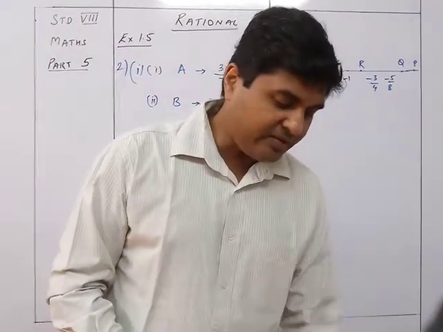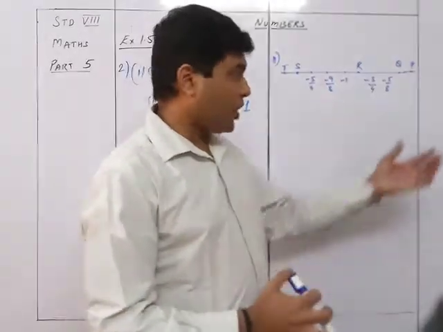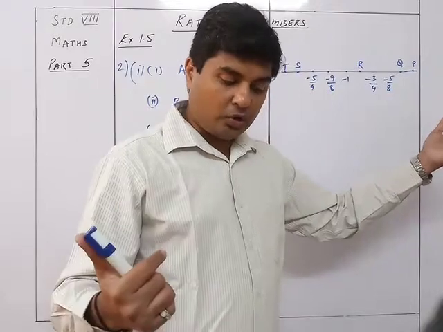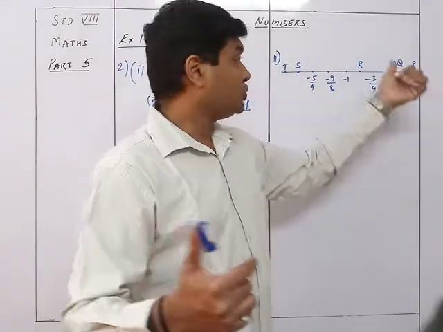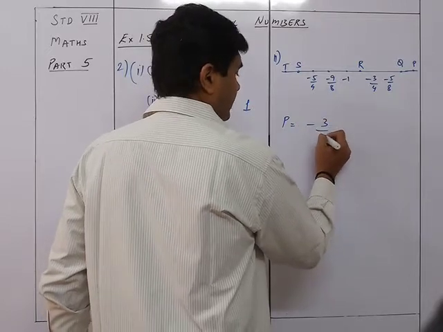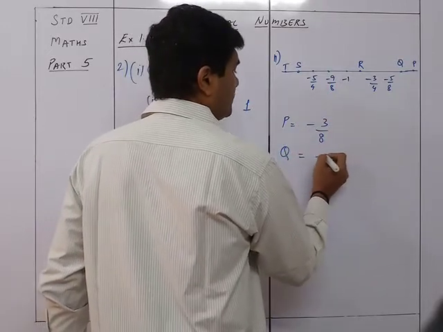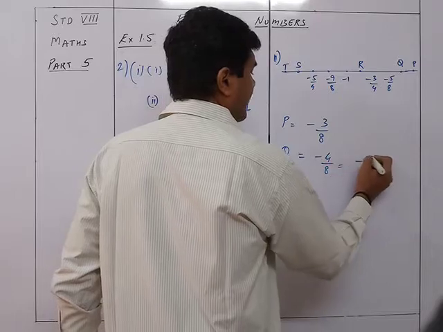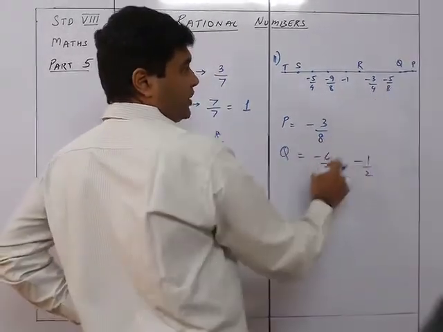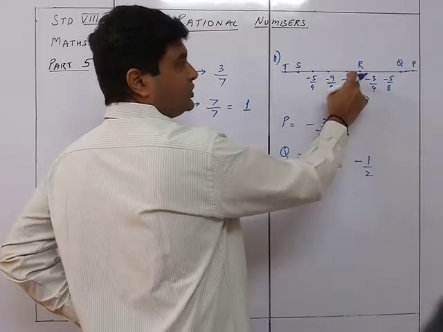So basically what we see is that if we start from one side, you have 0, then -1 upon 8, -2 upon 8. So P over here is nothing but -3 upon 8. Then Q over here is equal to -4 upon 8, which is nothing but -1 upon 2. Okay? Then 5 upon 8, 6 upon 8, 7 upon 8.